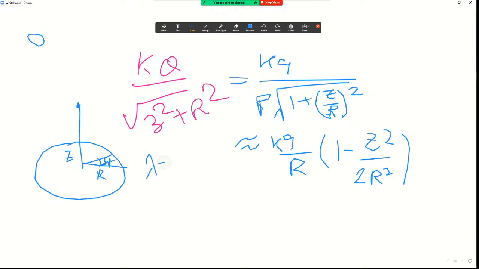And then charge is q over 2 pi r, and distance is square root r squared plus z squared.